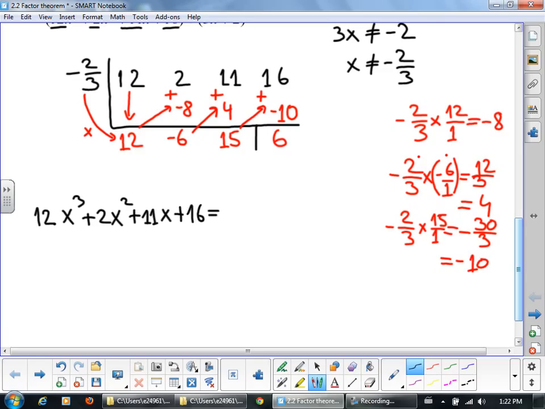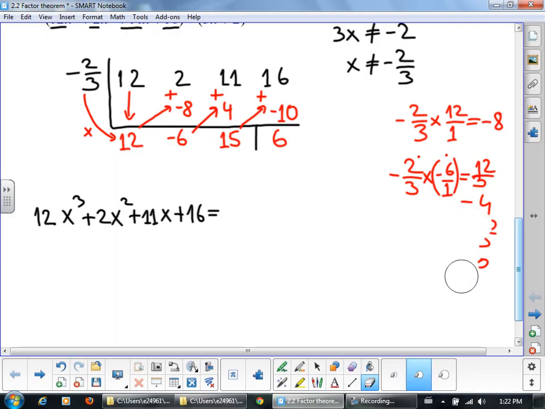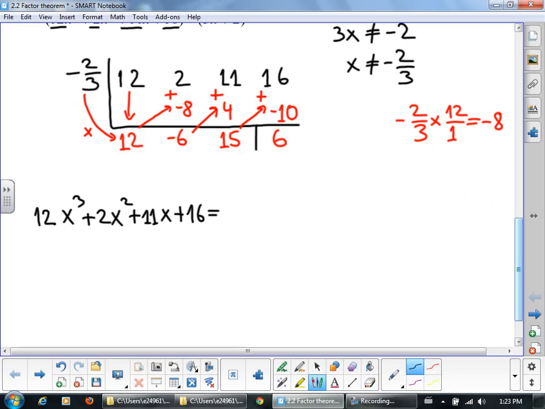And that is going to be equal to, I'm going to run out of space, so I'm just going to erase these on the side. So that is definitely going to be equal to 12x squared minus 6x plus 15.